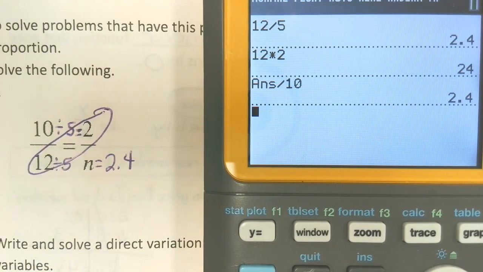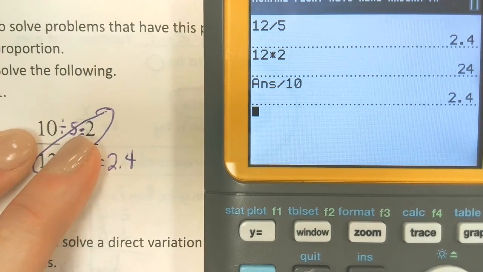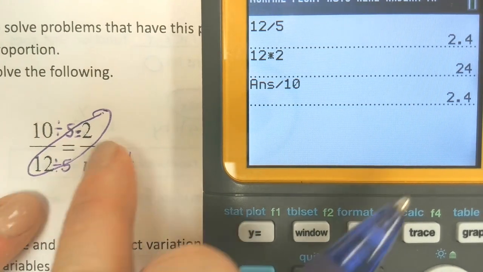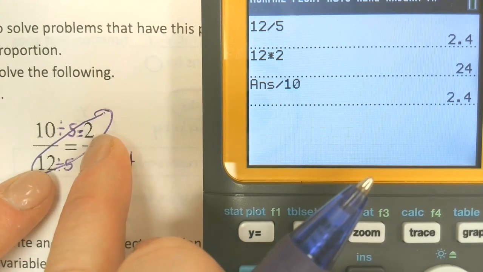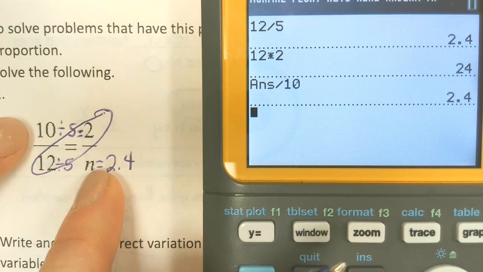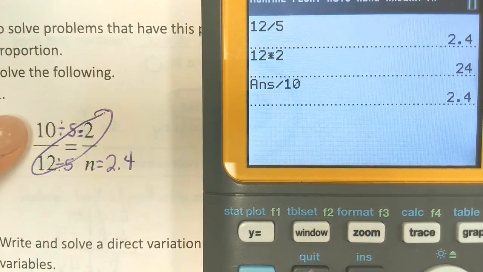It's just a different way of working it out. It's helpful whenever the numbers don't easily divide like this one. So see how this is easily divided by 5? So that makes it easy. But if it's not, then you use the cross multiply and divide. You cross multiply the two numbers that you see, the ones that are diagonals. Then you divide by the number that doesn't have a match. So see how this is 10 and n? You divide by the 10.